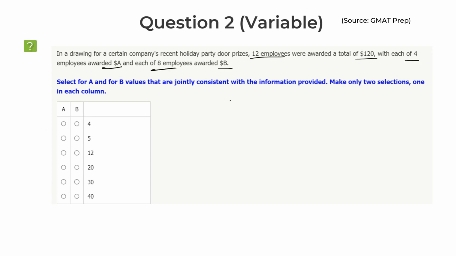What is the equation? How do you translate this? Can someone give me the equation that you would get? Very easy, very basic. Really quickly in the chat, can you tell me what equation you will end up with?